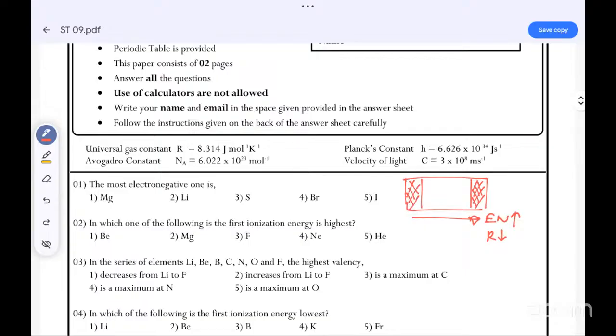So basically, we can say in this area, highest EN, here lowest EN, or highest electropositivity.